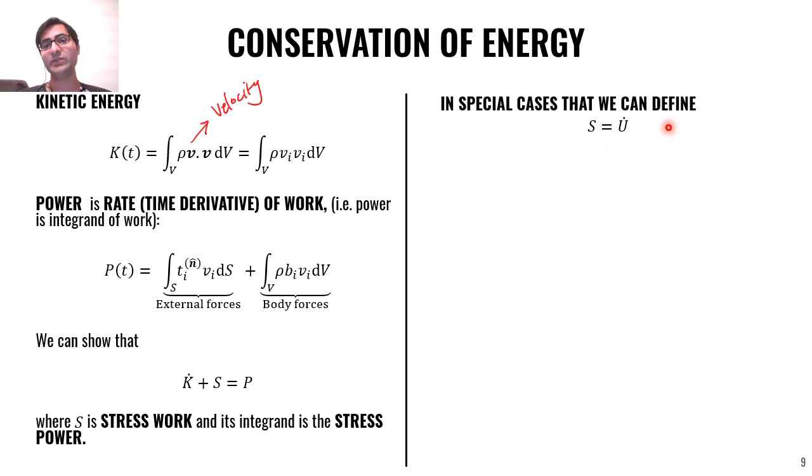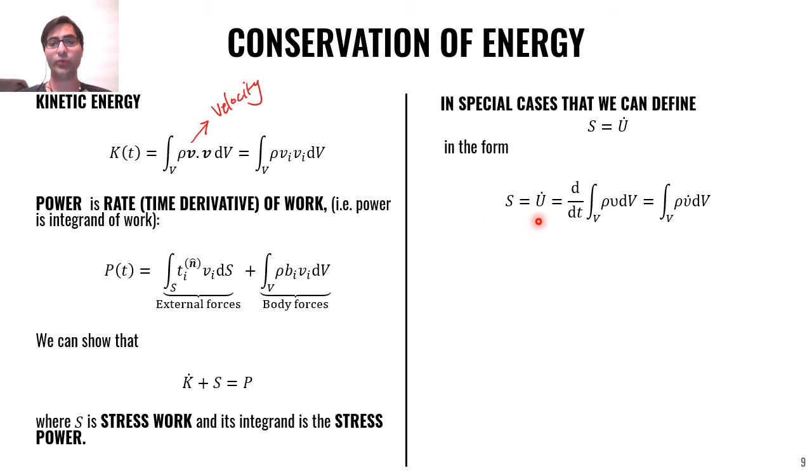In special cases, we can define S equal to U dot. Not always, but in special cases, we can find a U such that differentiating U gives us the stress work. So basically S is equal to U dot, or the time derivative of the integral of rho epsilon dv over v.